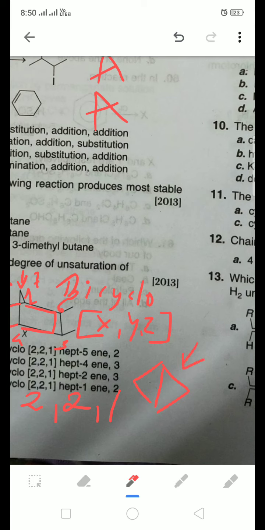How would you write after writing bicyclo? See, inside the bracket, in the longest part, there is 1 carbon. In this part also there is 1 carbon, and there is no bridgehead carbon here, so it is 0. This would be the configuration. Okay. So now just rub this out.